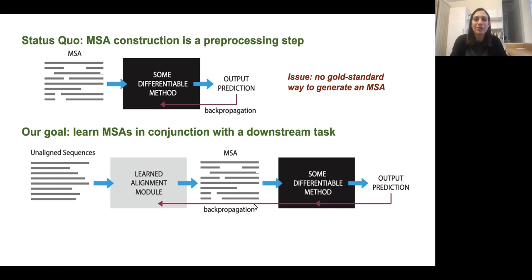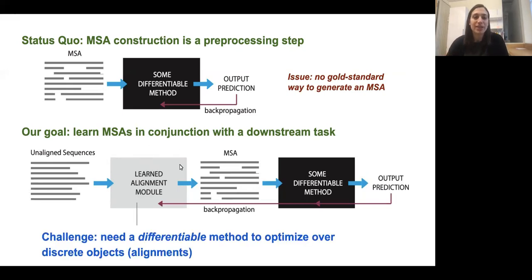We input that into our differentiable method that's going to make some prediction, and then we back propagate and update both the method for, say, contact prediction as well as our alignment all in one go. This way, whatever our method is guides the construction of the multiple sequence alignment.